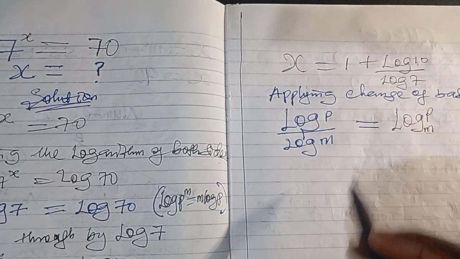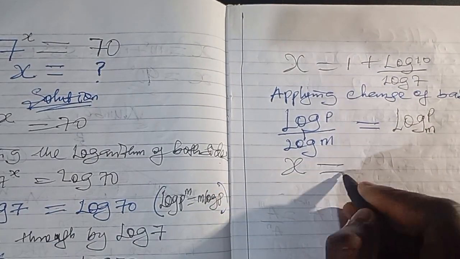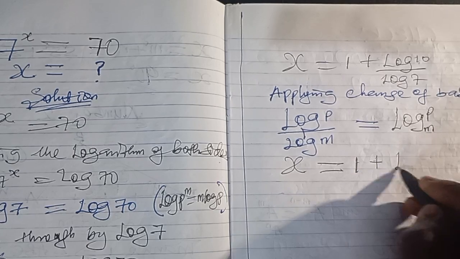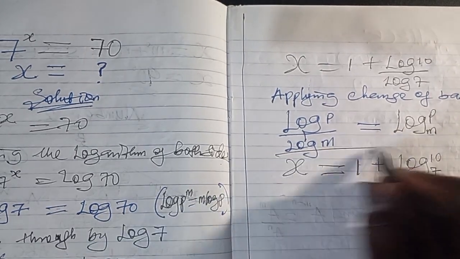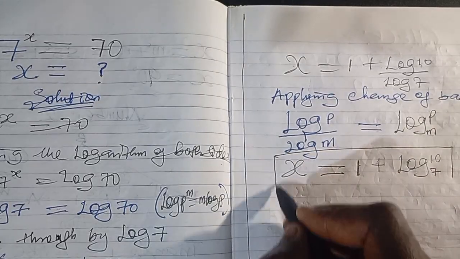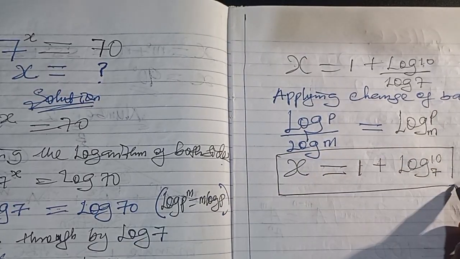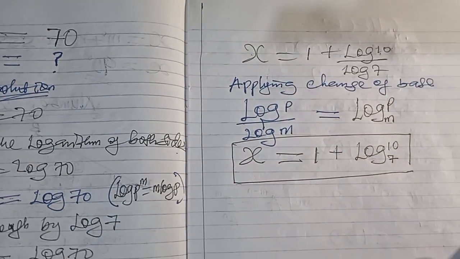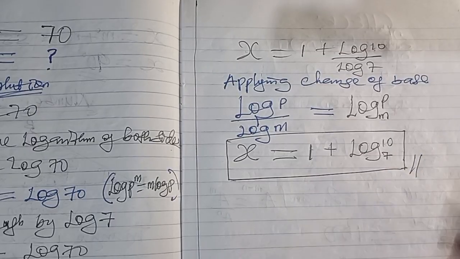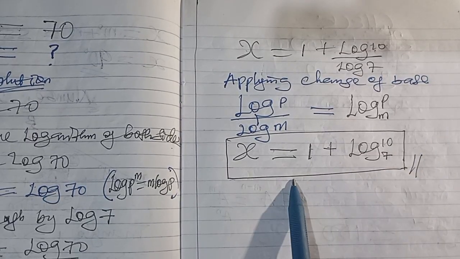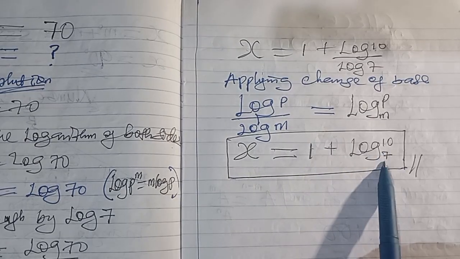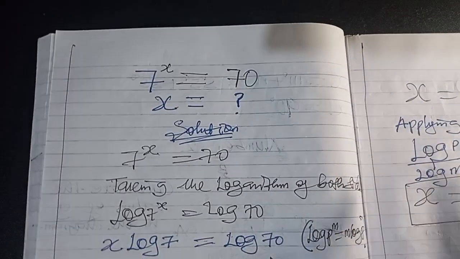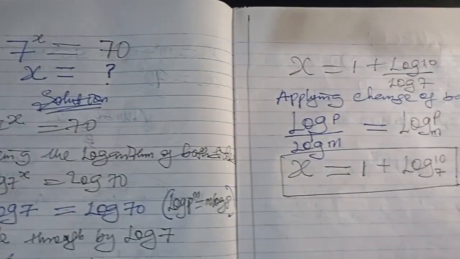So let's apply it here to have x is equal to 1 plus log 10 base 7. So this is the final value of x. Let's proceed to check if when we apply x as 1 plus log 10 base 7, it will give us 70.